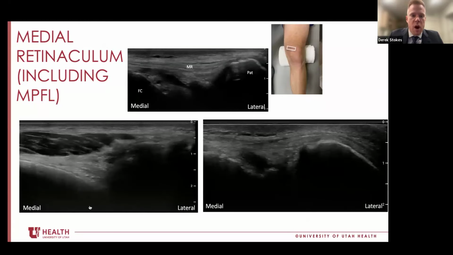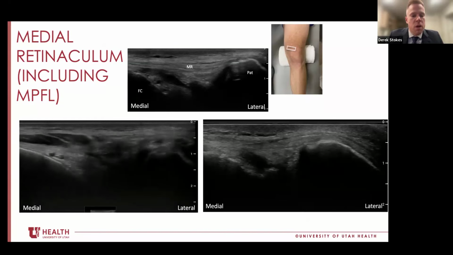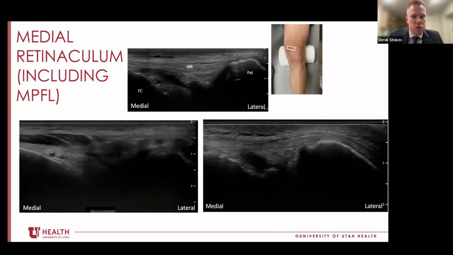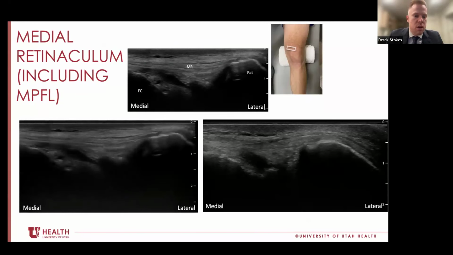Next, we'll transition back proximally and look at the medial and the lateral structures, starting with the medial retinaculum, including the MPFL. You can see the medial retinaculum in the top image extending from the patella over to the femoral condyle. And again, this is a very well-defined fibrous structure that we can see pretty easily. On the bottom left image, we're going to see the transition from the VMO into the retinaculum. And then the MPFL is within this structure at some point, although it's difficult to decipher between the two necessarily.